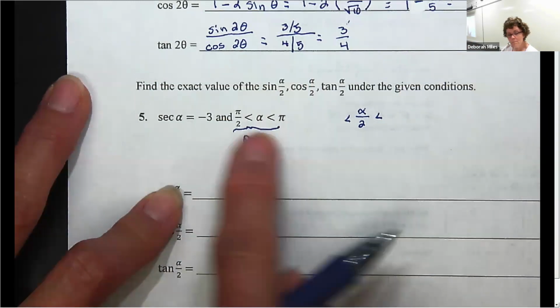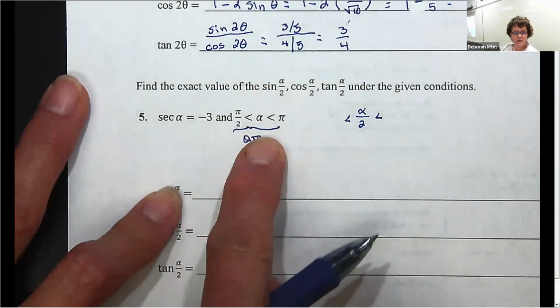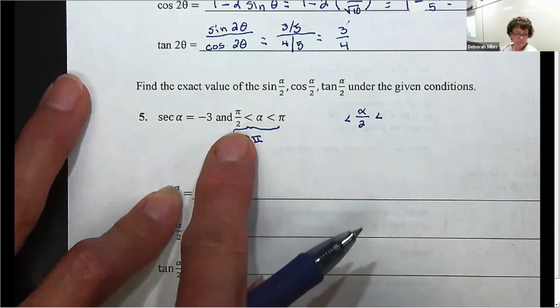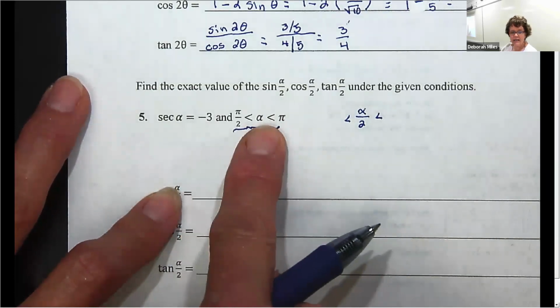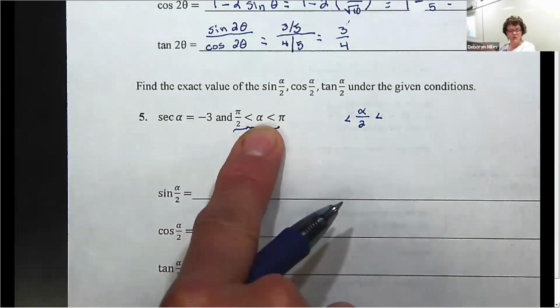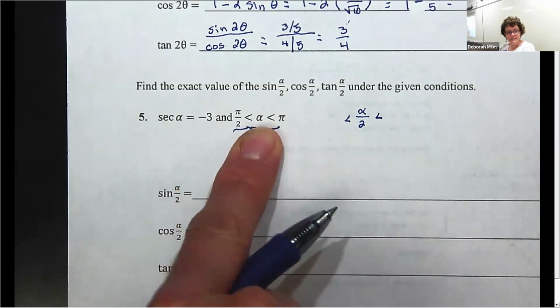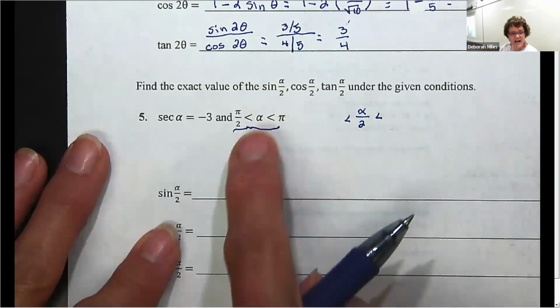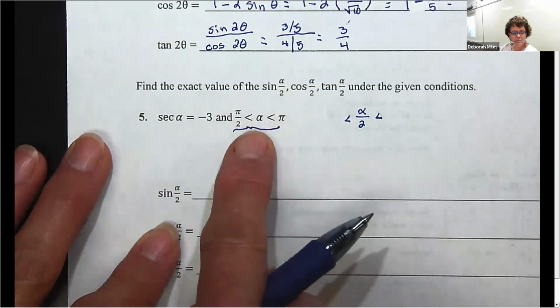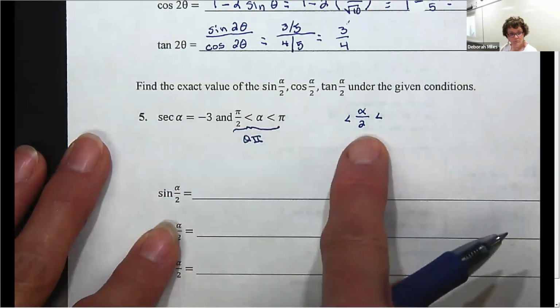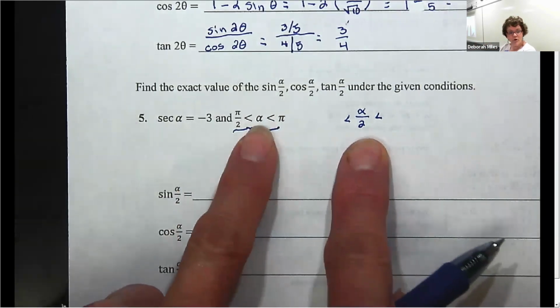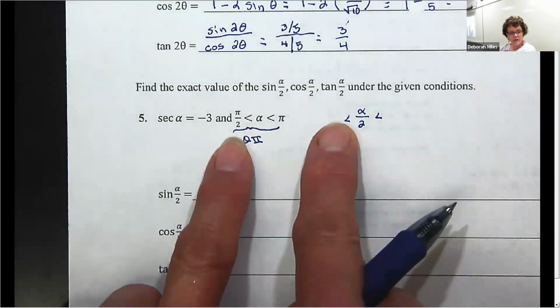This is just a compound inequality. And I know how to solve a compound inequality. I can multiply something times all three sides or divide all three sides by something. If I divide all three sides by 2, then the middle will be alpha over 2. What will the left be?